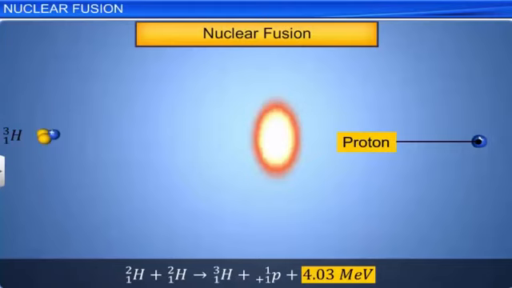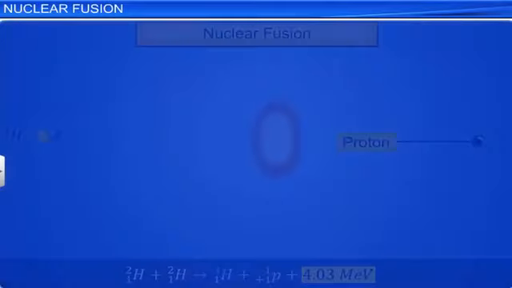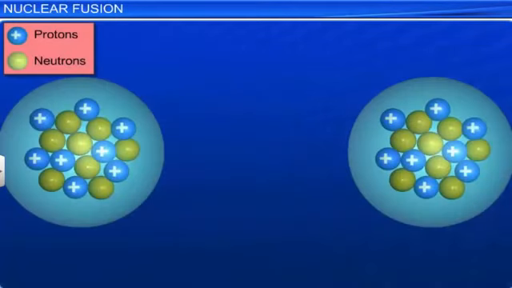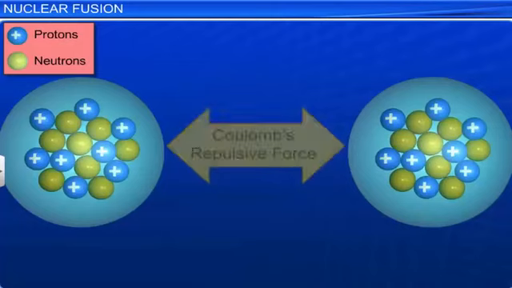We know that the nuclei are positively charged, and as such, the nuclear fusion process occurs only when the nuclei overcome the Coulomb's repulsive force between them and come close enough to be within the range of the attractive nuclear forces between them.